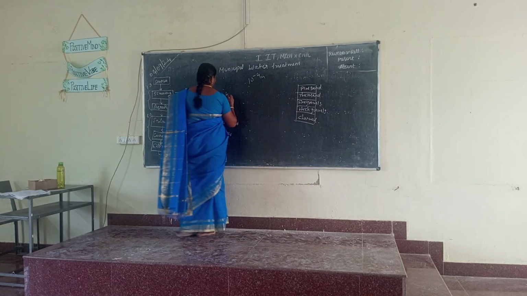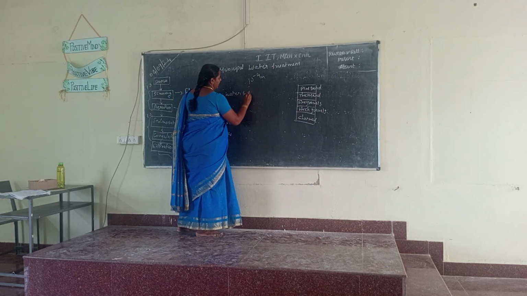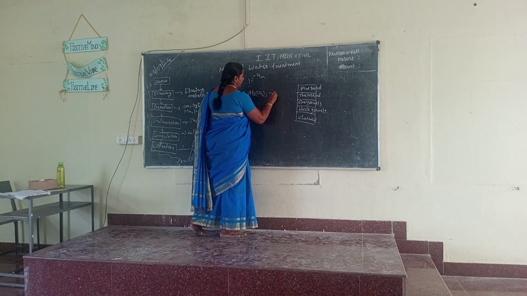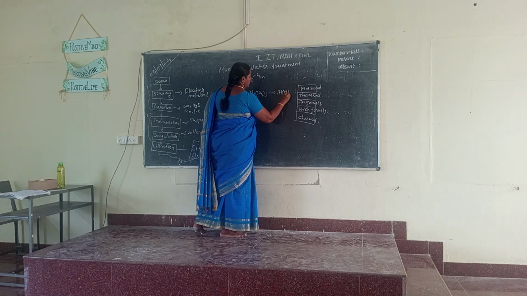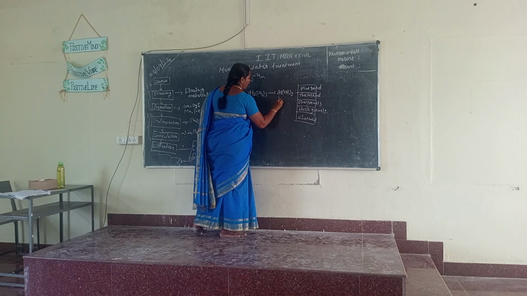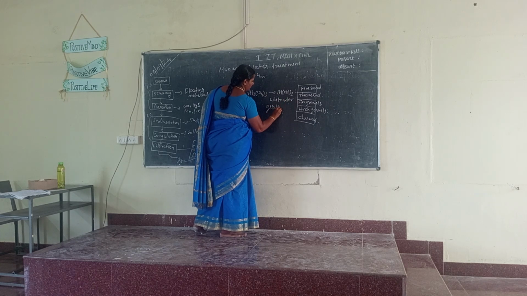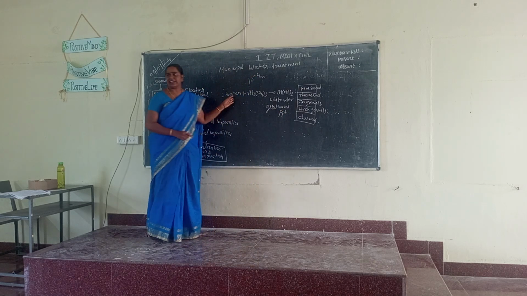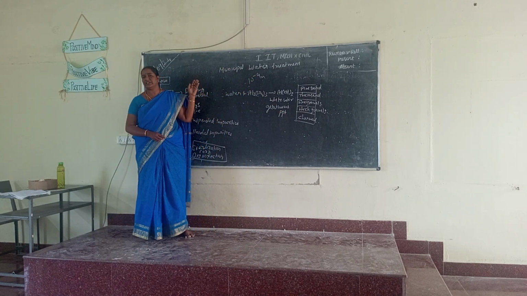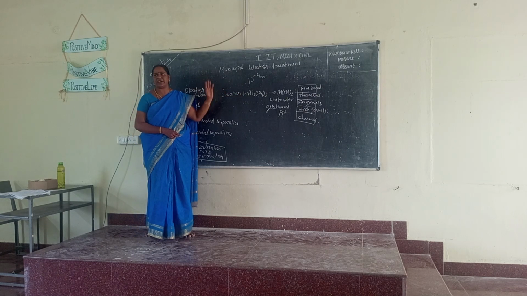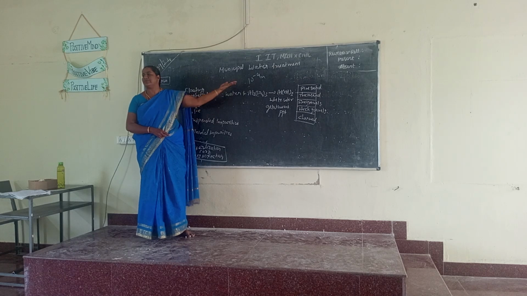How can we remove them? We take the water and add alum. What is alum? Aluminum sulfate is the chemical name for alum, also called potash alum, which means potassium aluminum sulfate.